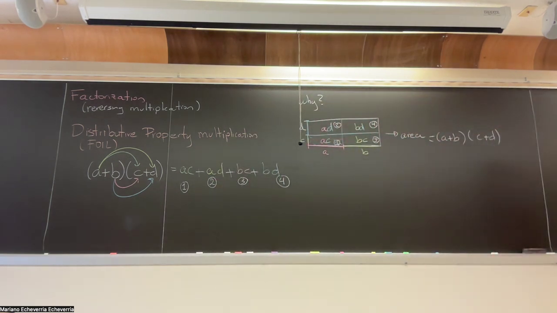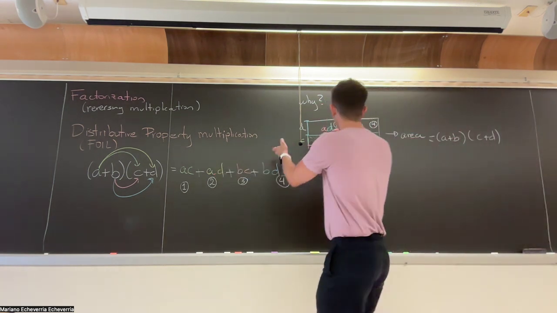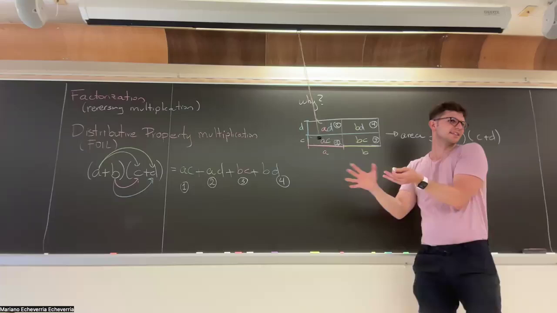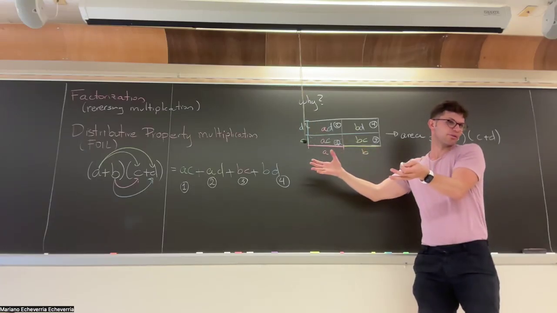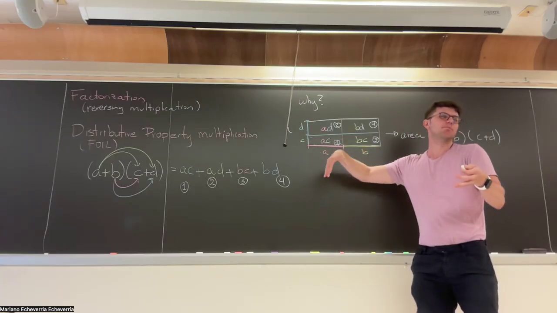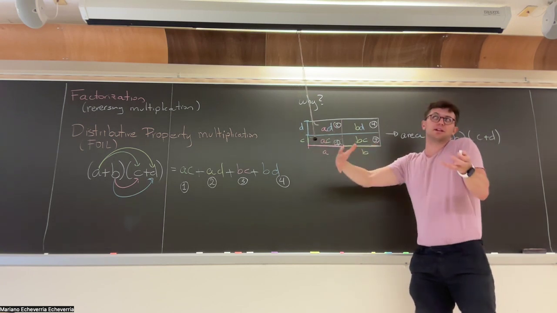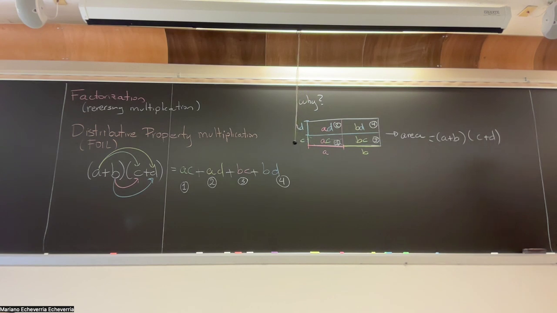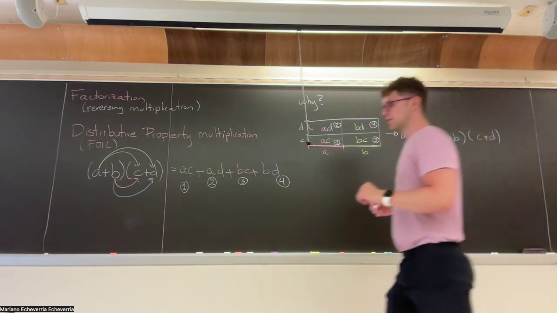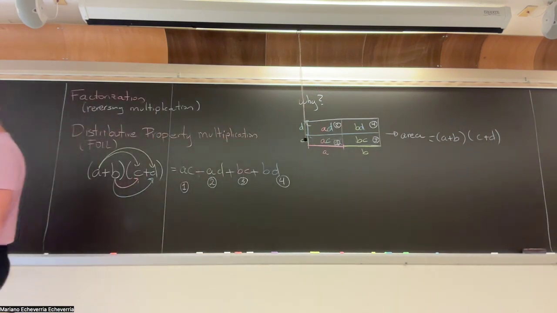So the distributive property is basically just saying that when you have a big rectangle, you can break it into four pieces, and the areas of the four pieces add up. If you add the area of the four smaller pieces, that just gives you back the area of the original rectangle. Does that make sense?